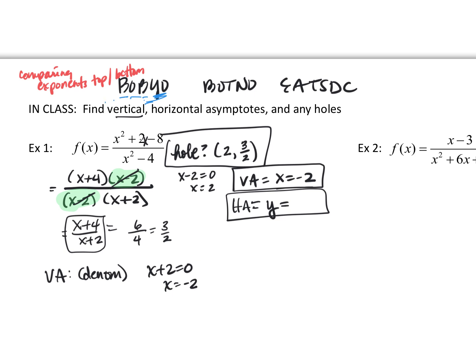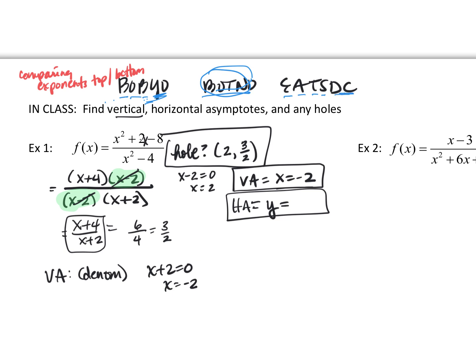Botno is when it's bigger on top, B-O-T, big on top. N-O means there's no horizontal asymptote, it's oblique. You're not going to get any of these, honestly, because this goes beyond our class, but it is a possibility. And then this last one is when the exponents are the same, and then we divide the coefficients to find out what y equals.